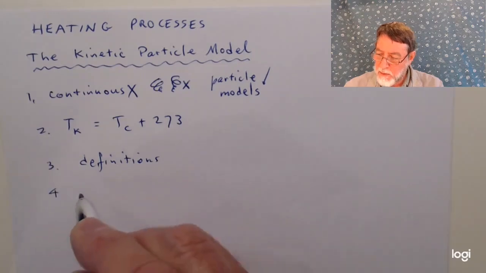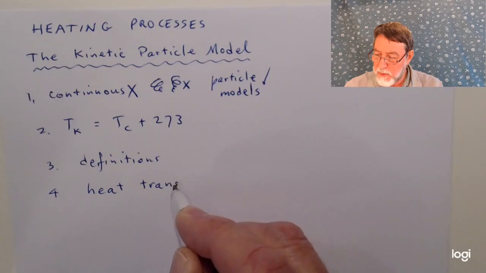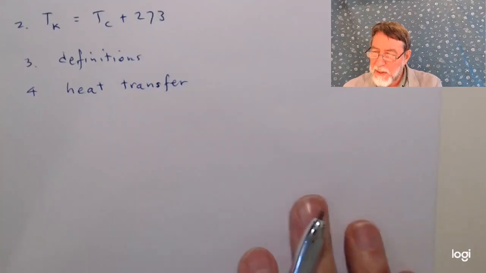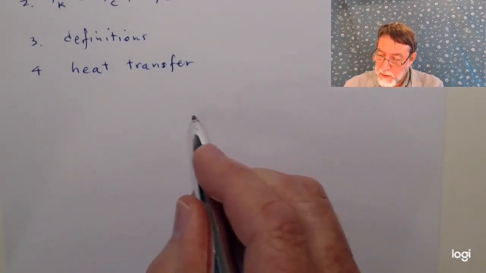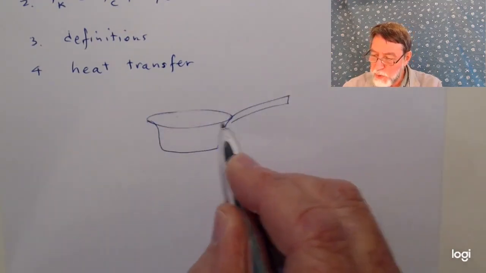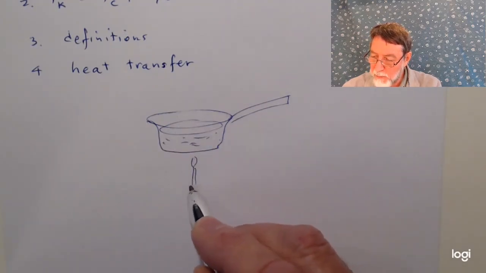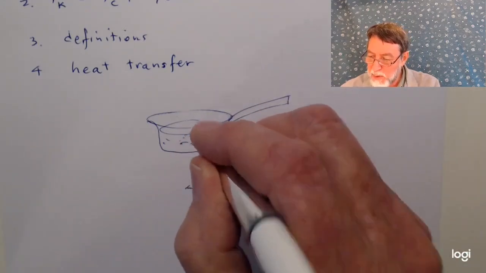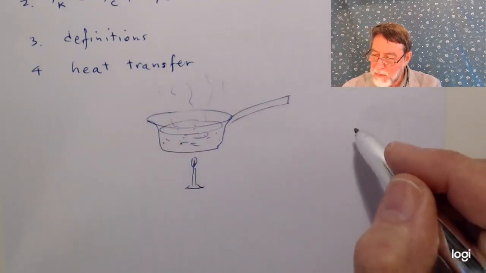We're going to have a quick talk about heat transfer. You need to be familiar with the idea that there are different ways that heat transfer can occur, and you've probably seen this before. Suppose you've got a saucepan with some water in it, and we're heating it up, with a flame there, a few bubbles appearing, and you can see a bit of vapor coming off.